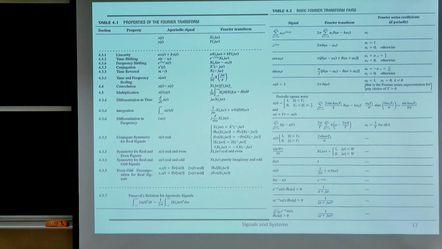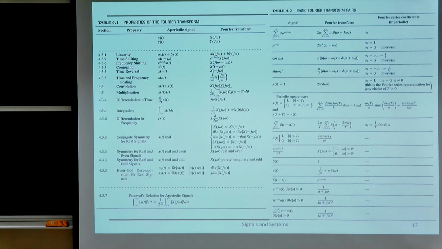In this chapter, we mainly showed how to extend the Fourier analysis from periodic continuous time signals to aperiodic continuous time signals. Basically, aperiodic signals can be viewed as periodic signals with period going to infinity.